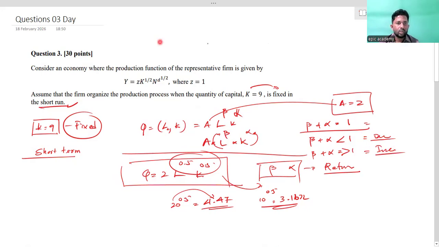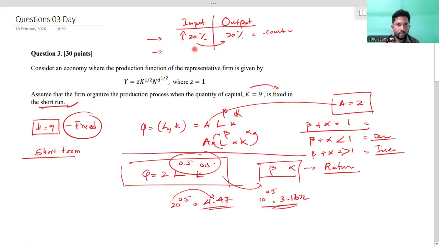As a combination, for example, this is input, this is output. The particular producer tries to increase their input by 20%. As a result of the 20% increase of input, they have to increase their output also by 20%. Similar return. That's the meaning of constant return.